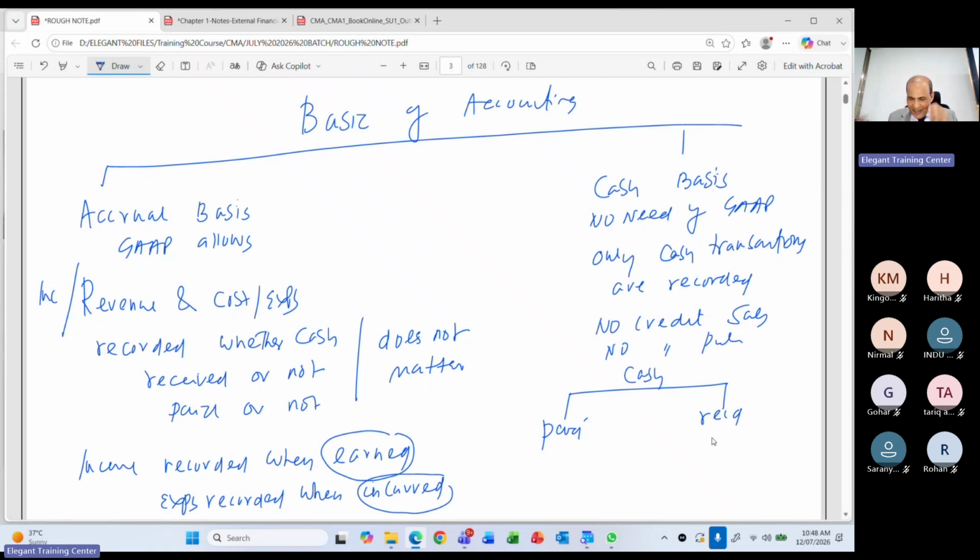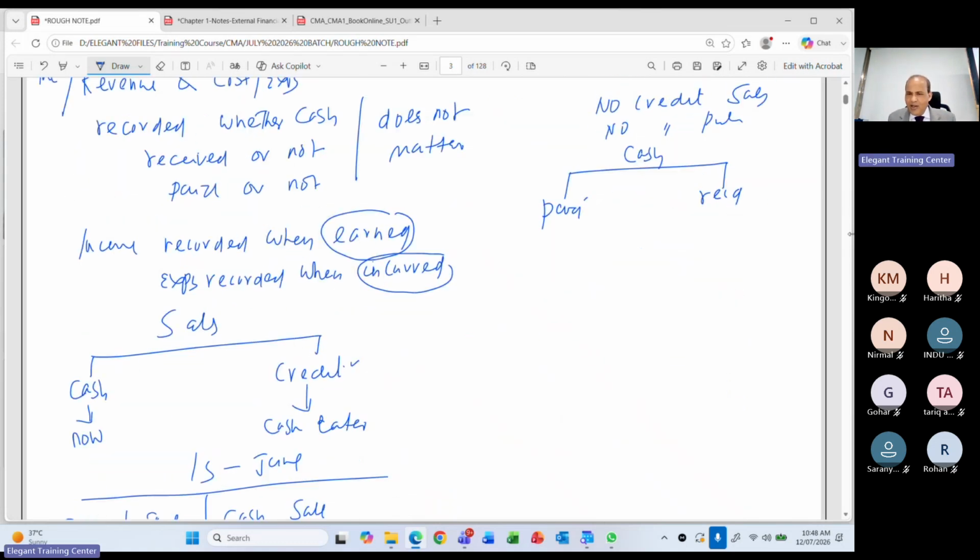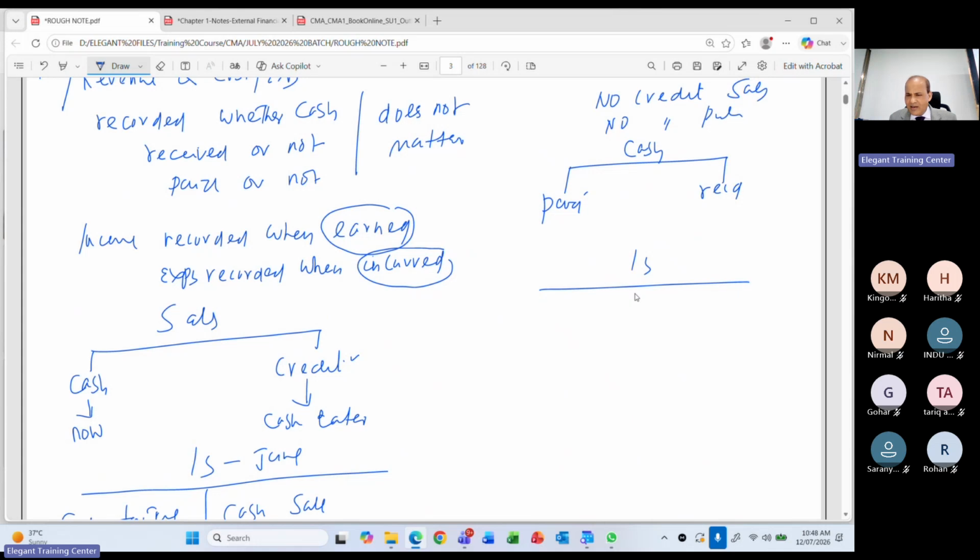Suppose there is a credit sale. In the income statement, the credit sale is not recorded because money has not come. So under the cash basis of accounting, the transactions only capture the actual cash payment and actual cash received, right?